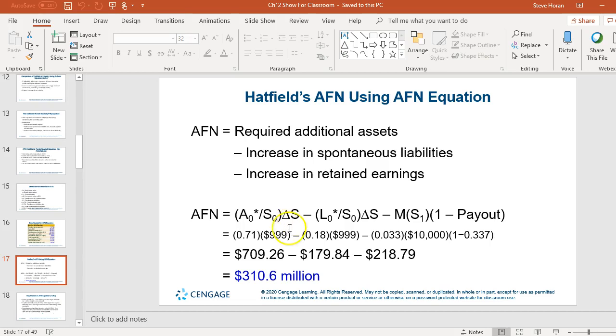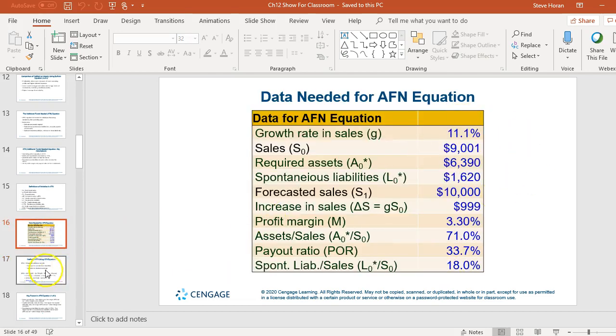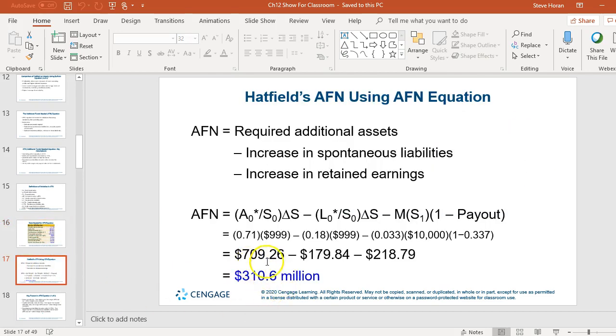So we expect sales to go up by 999,000, and so my ratio is 0.71. So that means I need to acquire just over 700 million, so 709.26 of assets to grow by the percent of 11.1. Okay, so I need to acquire 709.26 million worth of assets to grow by 11.1%.